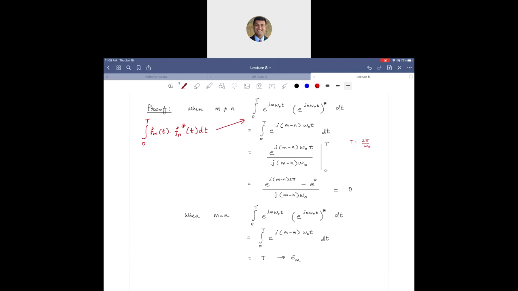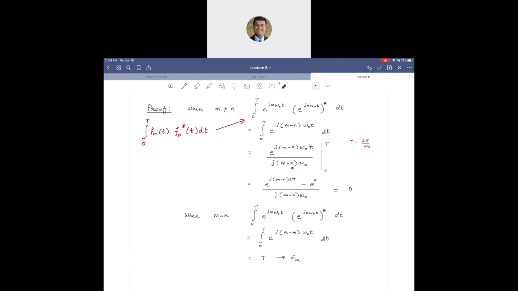So what is going to happen? The moment you see a complex conjugate, that becomes a negative there. So you can combine these two exponentials into one, e to the j (m minus n) omega naught t, because you have done a conjugate there. Omega naught t is a common factor between them. dt, you are still integrating from 0 to cap T. This is a simple exponential integration, which should be e to the ax divided by a.